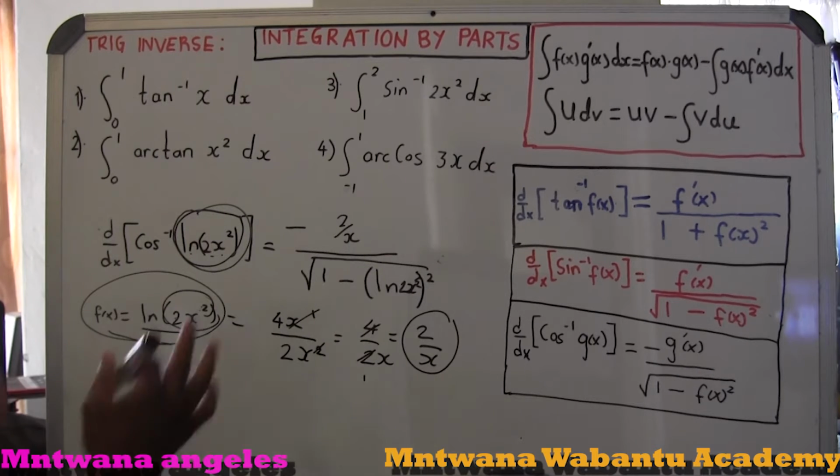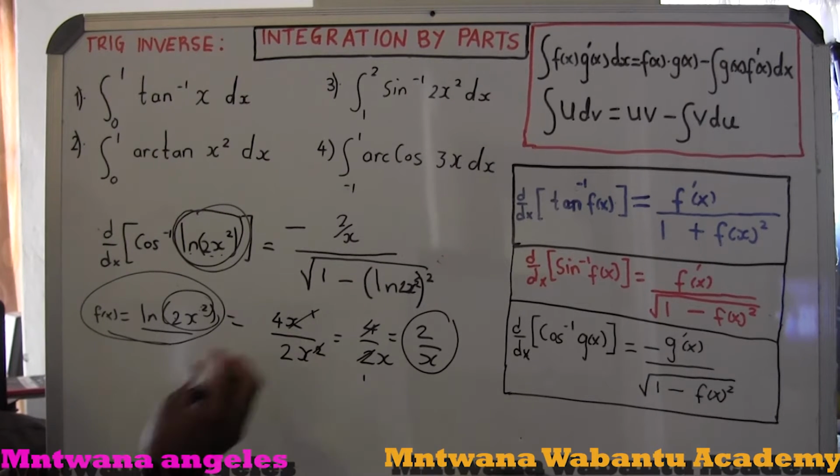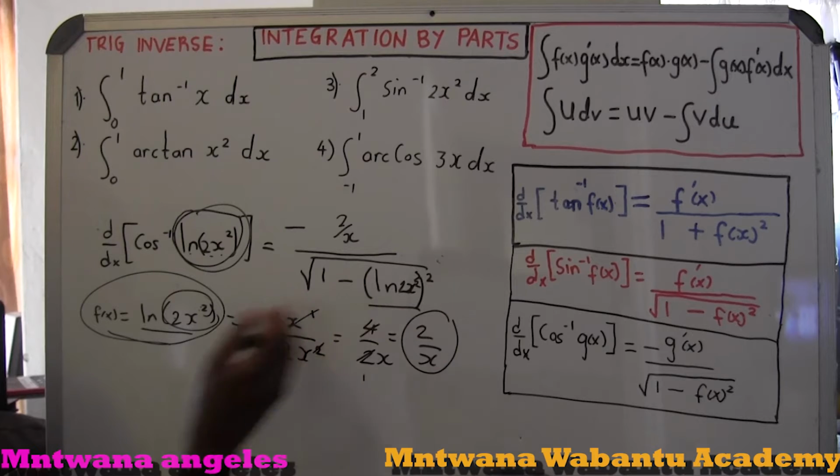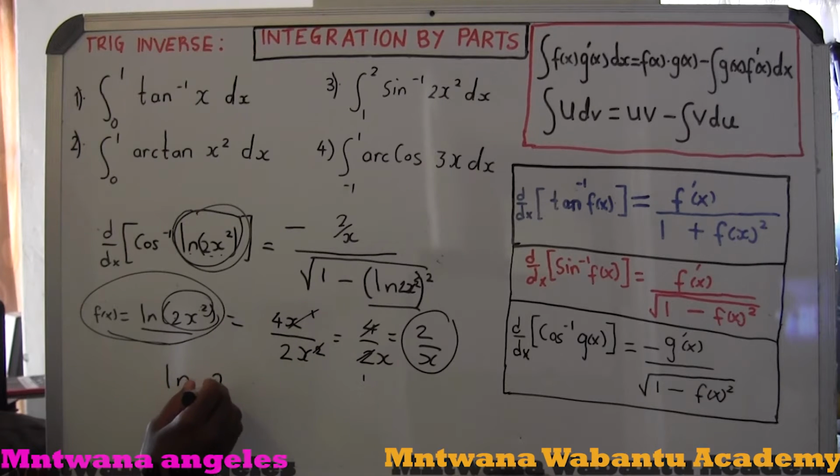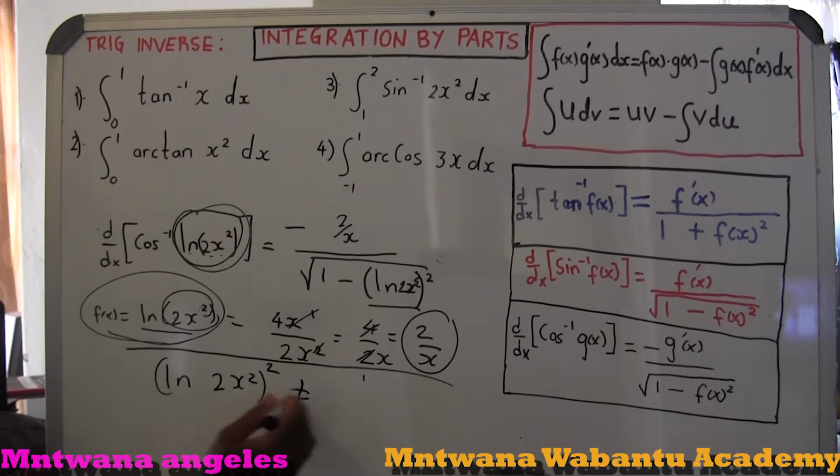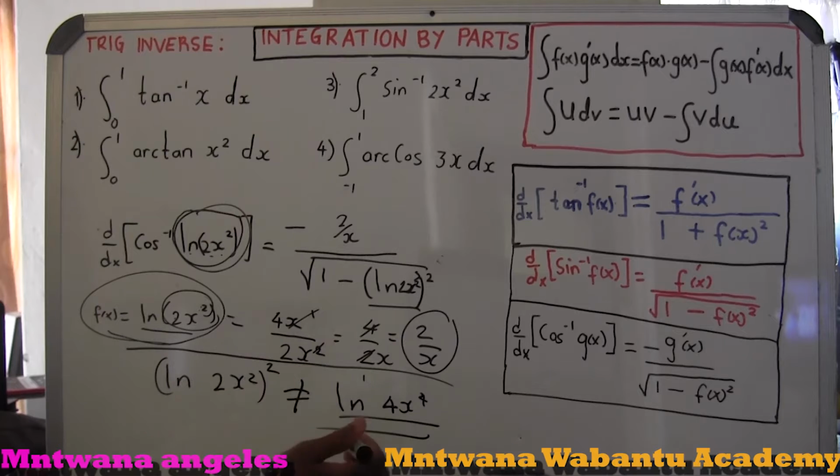You know what I'm saying? So you can leave it the way it is. Do not say that ln 2x squared is equal to ln of 4x power 4. No, you cannot do that. It's not equal. Leave it the way it is.